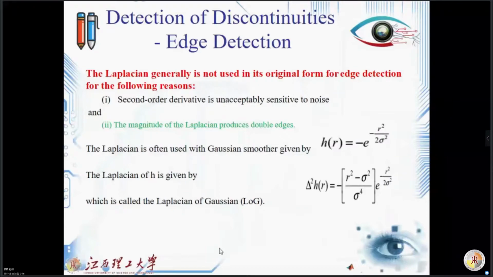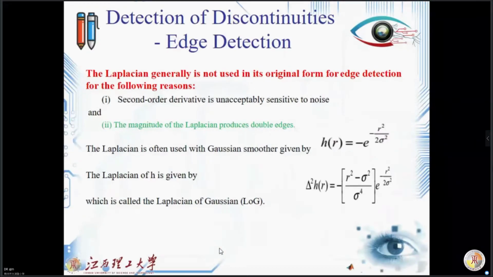Due to the problem that the Laplacian formula can create, specifically on the edges of the image, we mix it with the Gaussian formula, and as it's a mixture of Laplacian and Gaussian, we know it as the LOG formula.